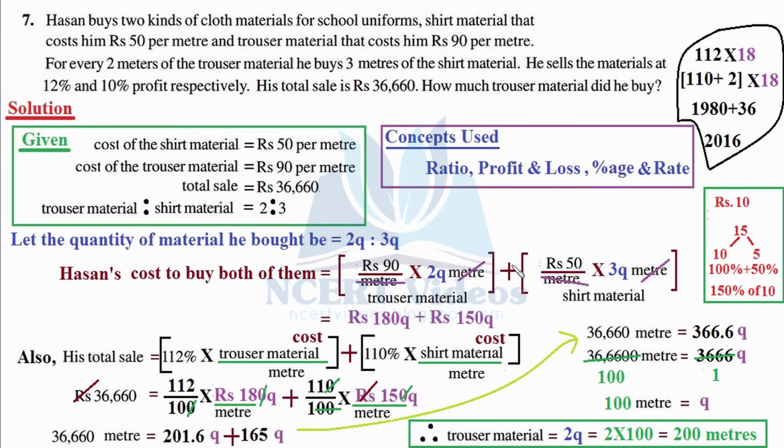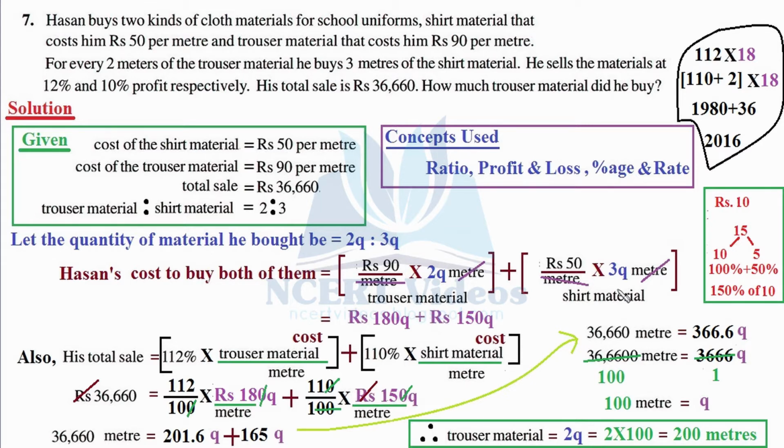Similarly, we are adding shirt material cost because he incurred both of these costs. So it would be the shirt material rate. Remember always to write rates of corresponding items. That is, do not write the rate of trouser material in place of shirt material. Always keep your mind on the details. Each minute detail matters while solving the question.